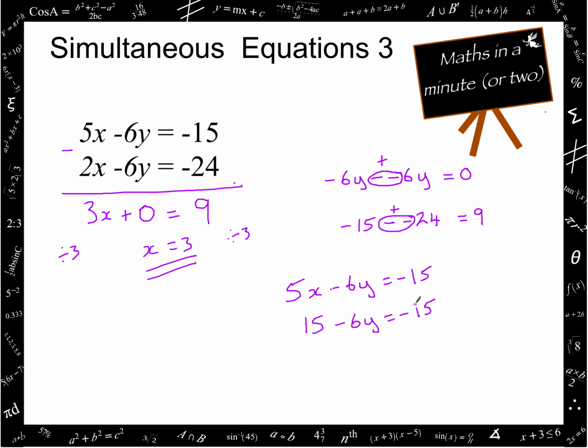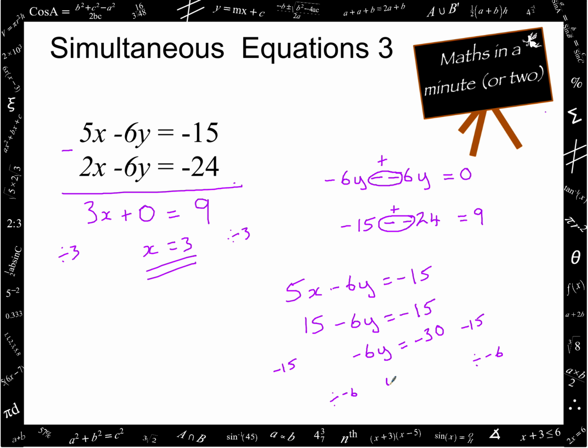Okay, there are many ways that you can solve it from here. The way I'm going to go with is taking the 15 off of both sides. That means we're going to end up with negative 6y equals, and negative 15 take 15 is negative 30. And now I'm going to divide both sides by negative 6.